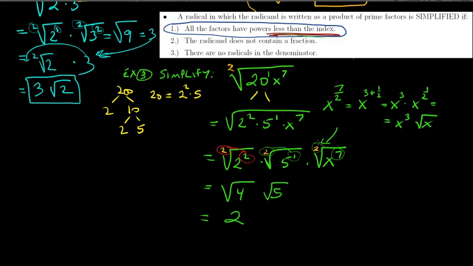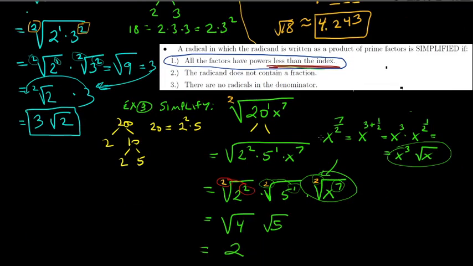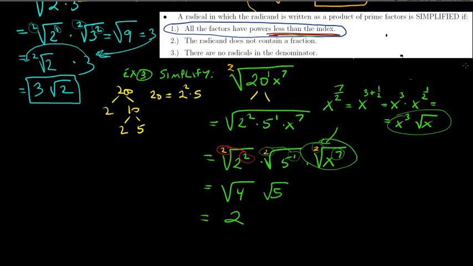So all of this here is just x cubed times the square root of x. If that's too fast, you can review it, look through it again, because we did one like that earlier. I erased it, but we did it earlier.